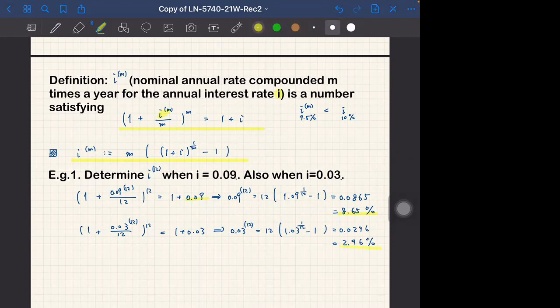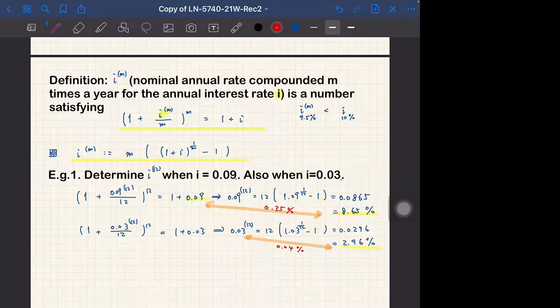And you can see here that the difference between 9% and 8.65% is relatively larger, 0.35%. But the difference between 3% and 2.96% is only 0.04%. Even if we multiply by 3, to compare 3% and 9%, the difference is still much smaller in the second case.